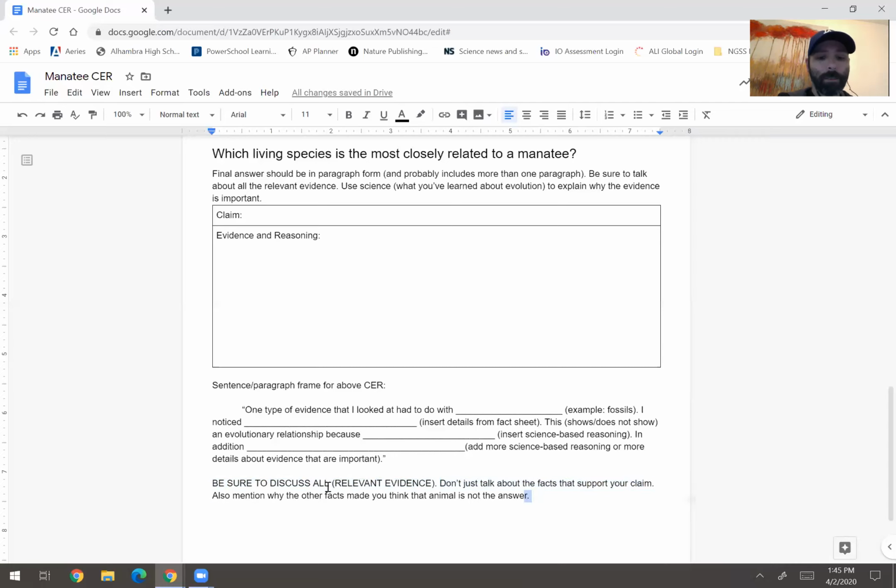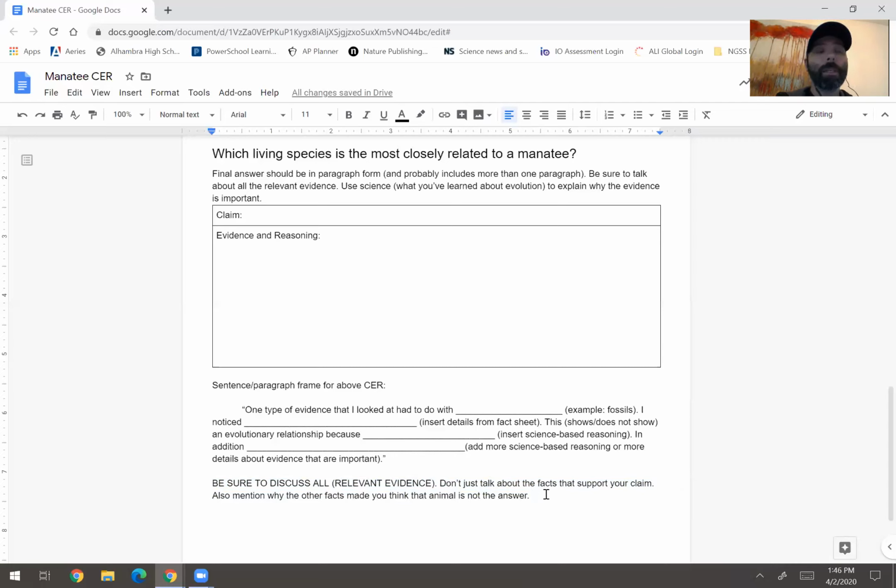Talk about why some of the other stuff isn't important, right? Like the 50 million years ago thing did not necessarily support my claim, but I might still be talking about it because it is something that is interesting or it sort of helps. But you want to talk about not just things that are good, but also the things that aren't good.